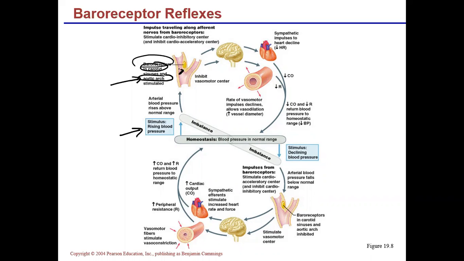So they are compressing against these mechano or pressure sensitive receptors. And then this information is going to be sent to the brain. These impulses from this baroreceptor are going to stimulate the cardio inhibitory centers.